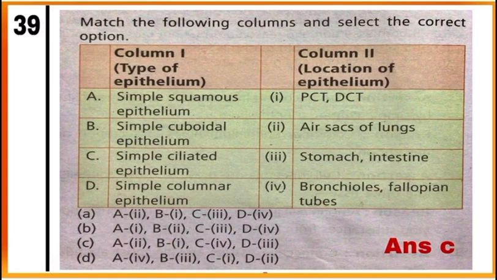B. Simple cuboidal epithelium is found in number 1, proximal convoluted tubule and distal convoluted tubules of nephron, PCT and DCT. C. Simple ciliated epithelium is located in number 4, bronchioles and fallopian tubes. And D. Simple columnar epithelium, it is located in number 3, stomach and intestine. So here mark C as a correct answer.